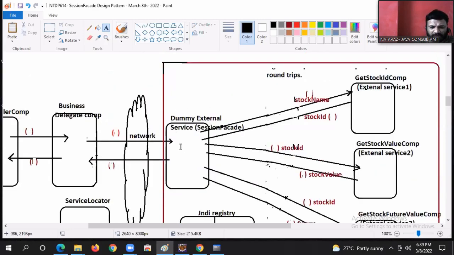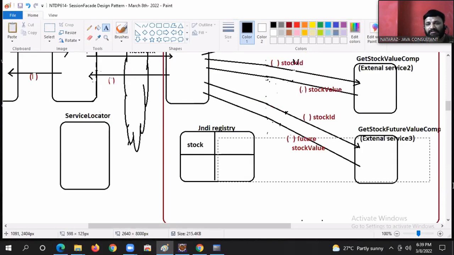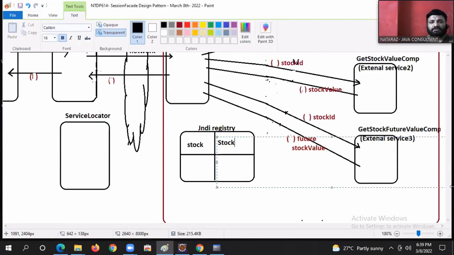Let me give some name for it. Okay, what? SessionFacade component. What does it maintain, guys? StockFacade component reference.